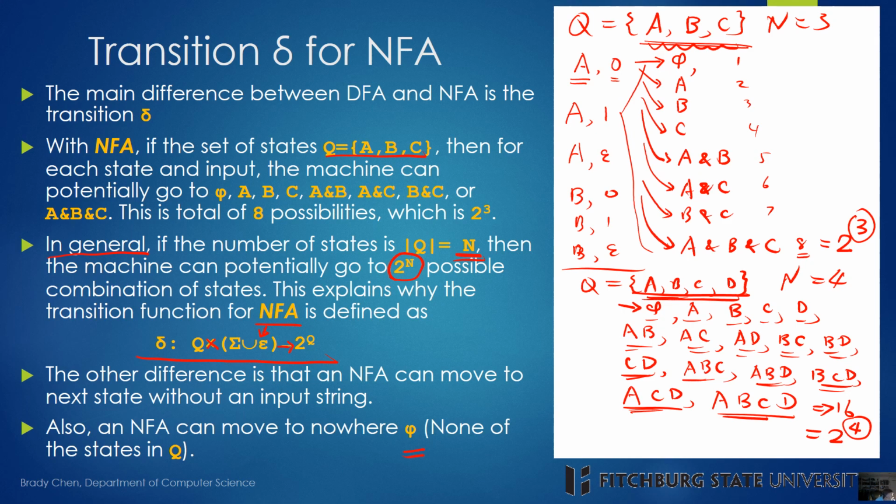That's the phi. We use the notation phi for that, and we use the notation epsilon for no input. So that's the transition delta for NFA.